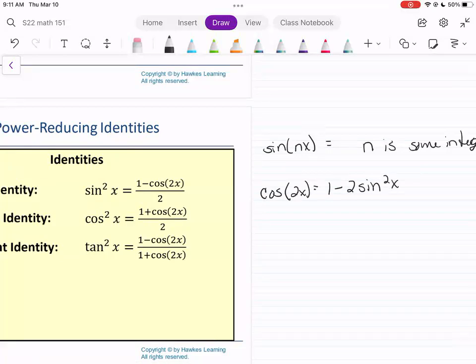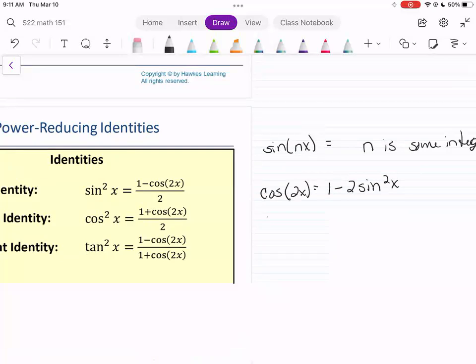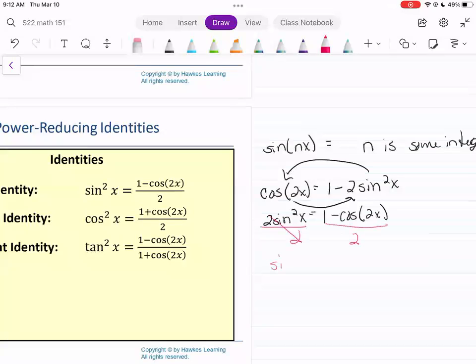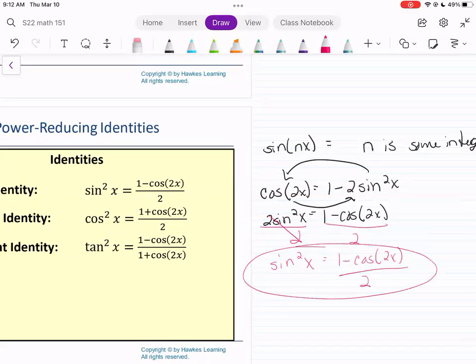If we rearrange this, we can rewrite it as 2 sine squared of x is equal to 1 minus the cosine of 2x. So I just moved this here and moved this here. And then if I divide everything by 2, I get the identity here: sine squared of x is equal to (1 minus the cosine of 2x) over 2.